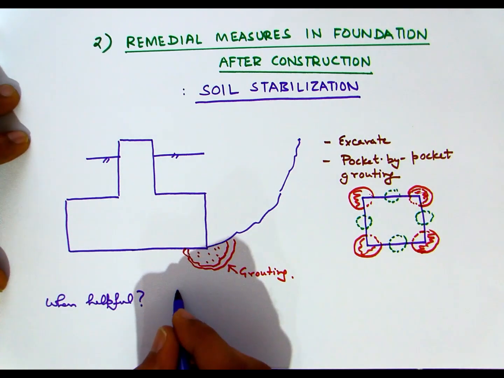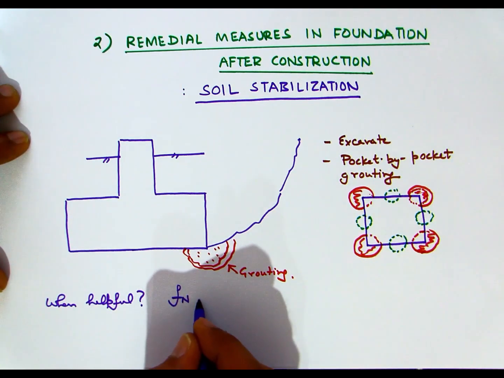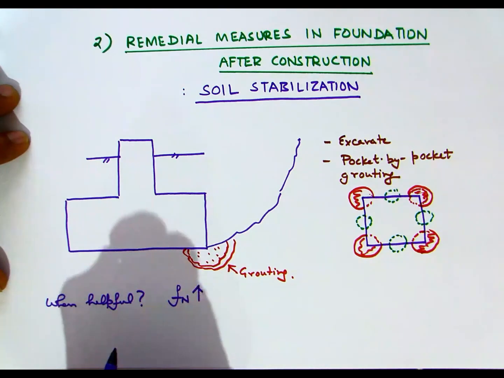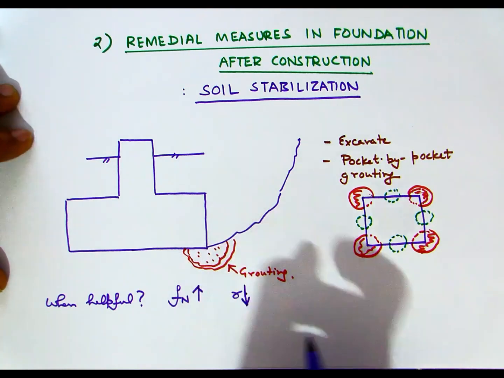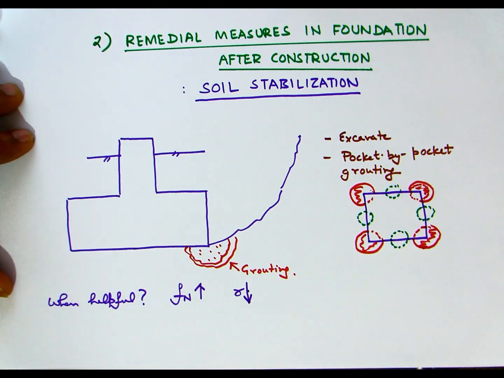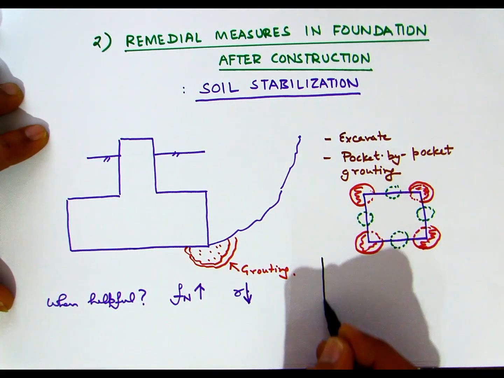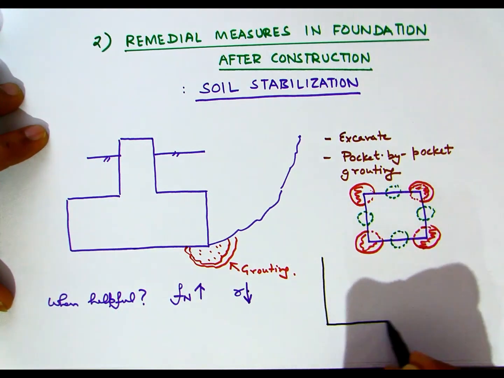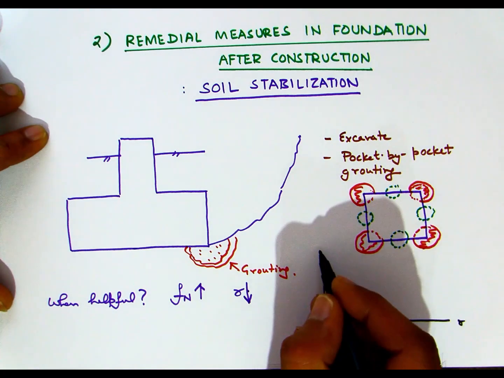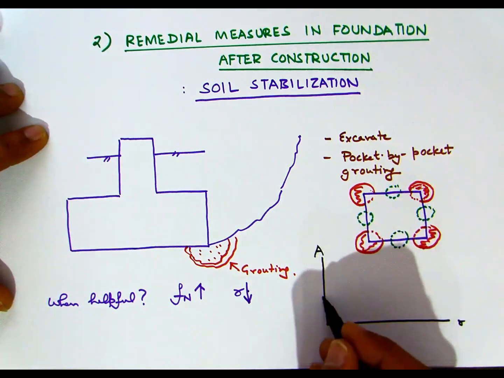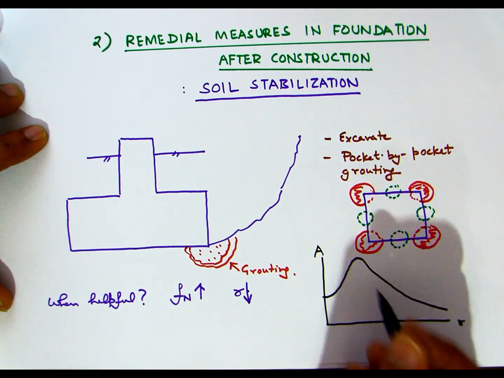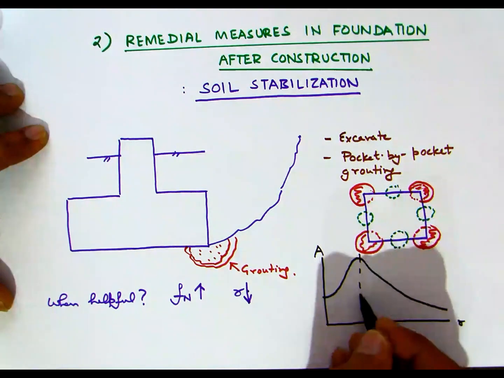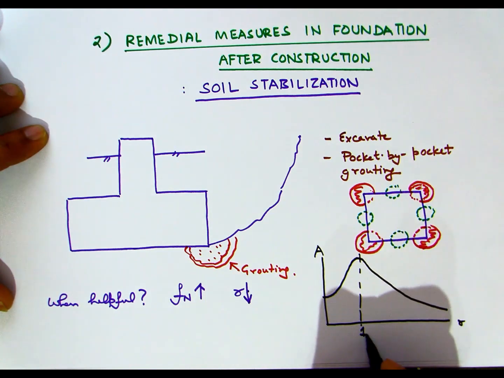Now the question is, is this measure helpful always? What this measure does is it increases the stiffness, so it increases the natural frequency of the foundation machine system, as a result of which R, that is the frequency ratio, would go down. We are drawing a plot of the amplification factor versus the frequency ratio. Here we have a critical point at the frequency ratio R equal to 1.